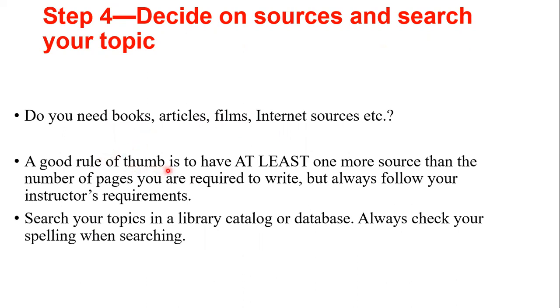A good rule of thumb is to have at least one more source than the number of pages you are required to write, but always follow your instructor's requirements. It is much better to utilize multiple sources, like a research paper, a reference book, some article. Clear? Search your topics in a library catalog or database.